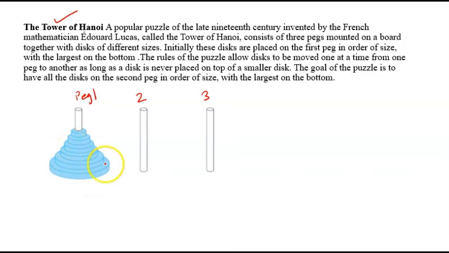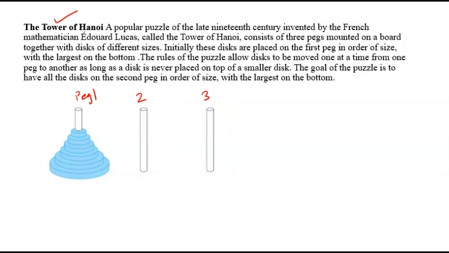What you have to do is move all these discs from one peg to another peg, and during the process you can use this other peg.